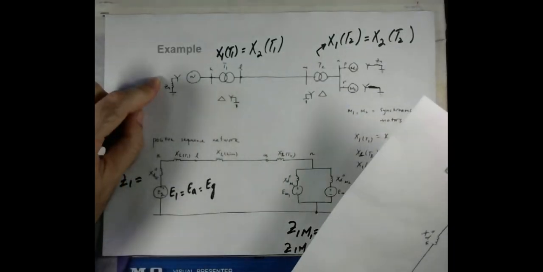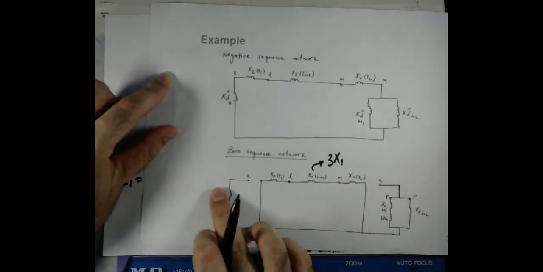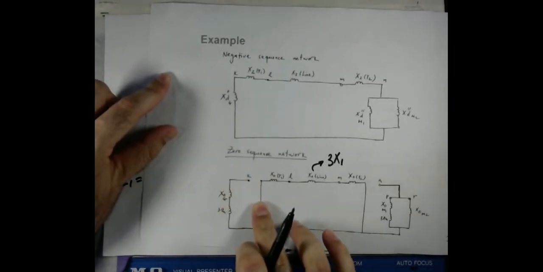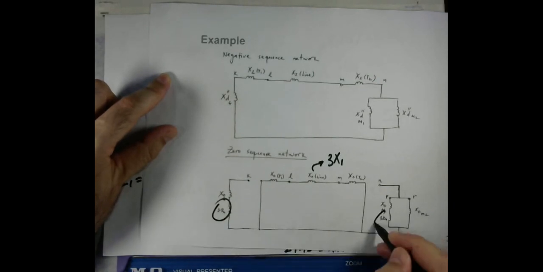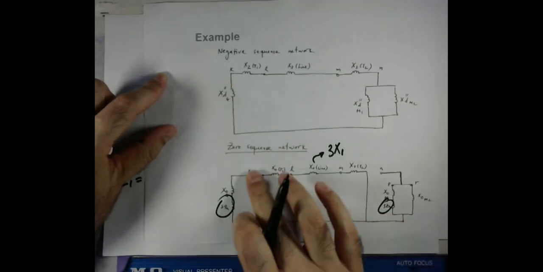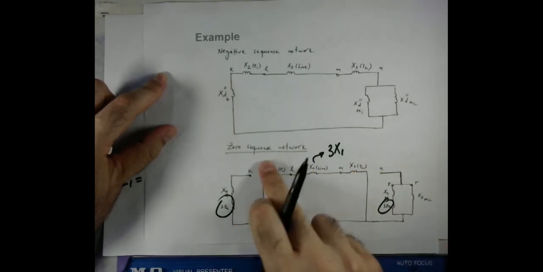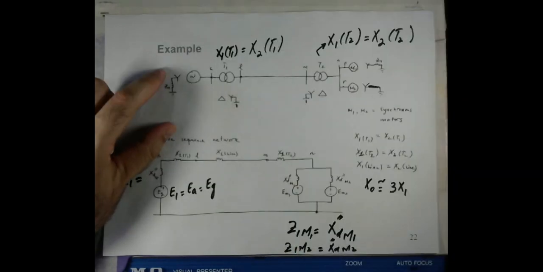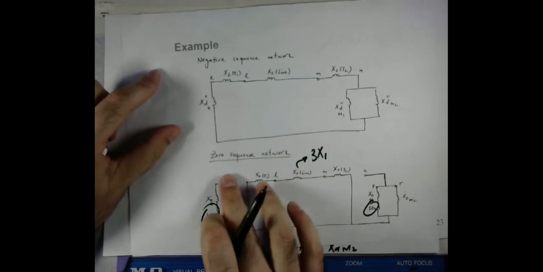Similarly, on the generation side we have Zn, so 3Zn is also considered here in the zero sequence network. This is important to consider: we have discussed the factor 3 before, and we are now considering this factor of 3 and also Zn in the zero sequence network, and we also consider the isolation between the primary and secondary side, which we show here.